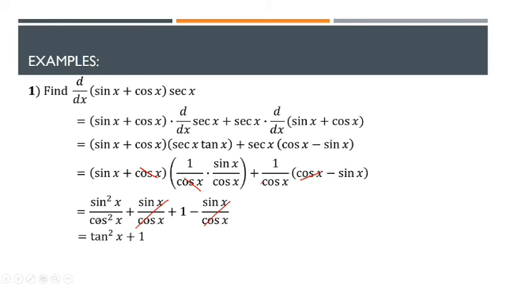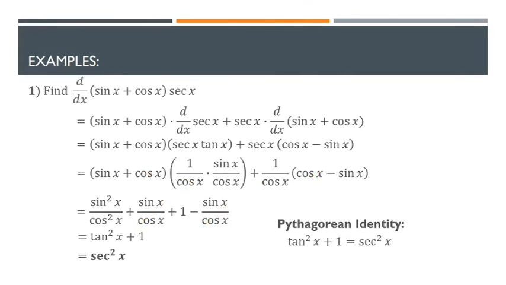So tangent squared x plus 1. And tangent squared x plus 1 is equal to secant squared x because of one of the Pythagorean identities. So the Pythagorean identity, tangent squared x plus 1 is equal to secant squared x.